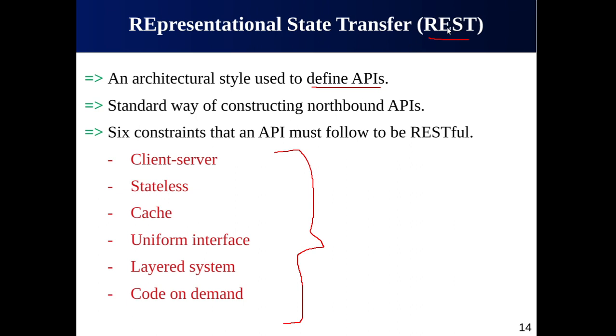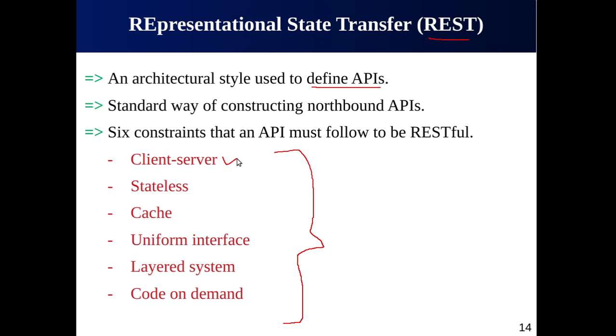Actually, this REST takes care of the concept of web-based access. Meaning if you are using REST, you are using web-based access for interaction between the application and the services. Let us see these restrictions in detail.